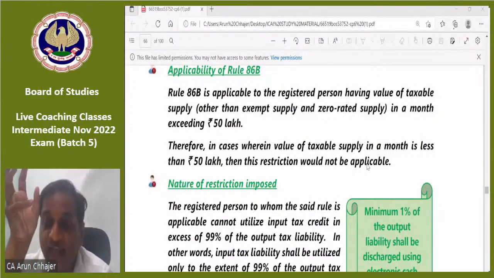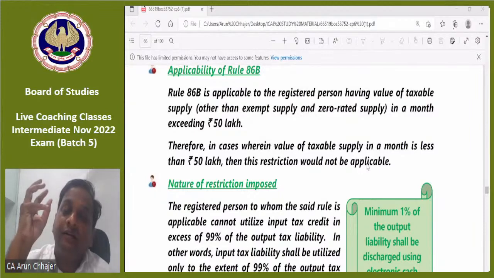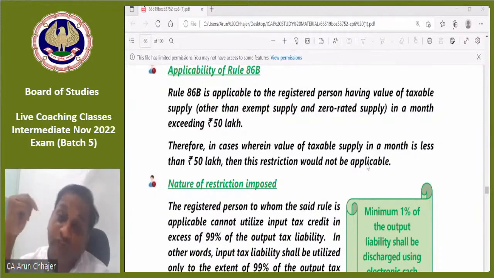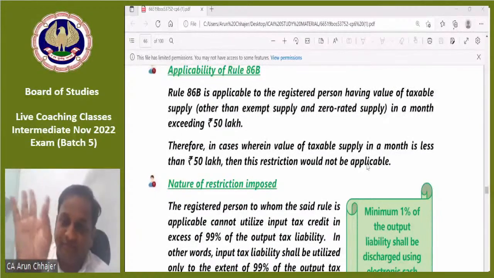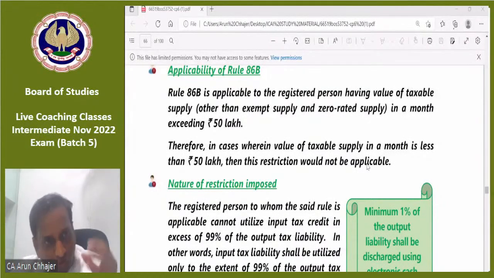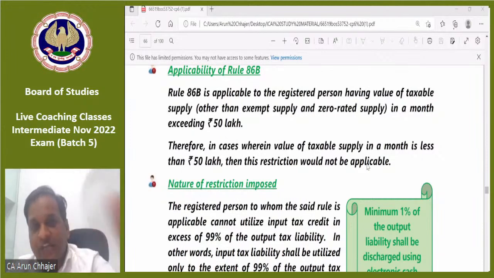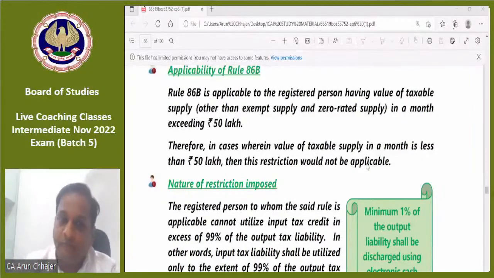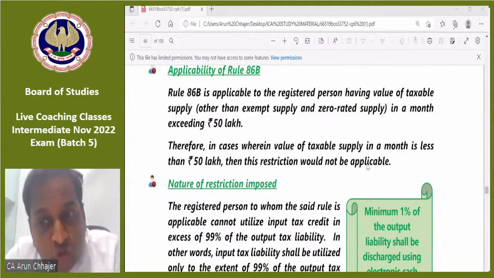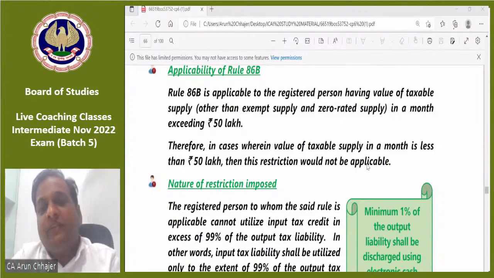Please do not say that supplies which are having the rate 0 are zero rated. Zero rated means only export and SEZ unit or developer. Please do not add exempted supplies. Please do not use the concept that whatever supply attracts 0 rate is zero rated.